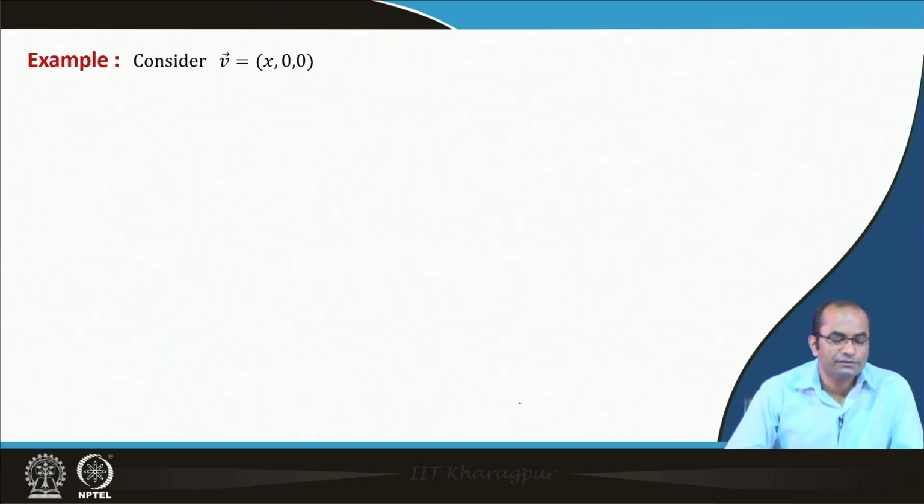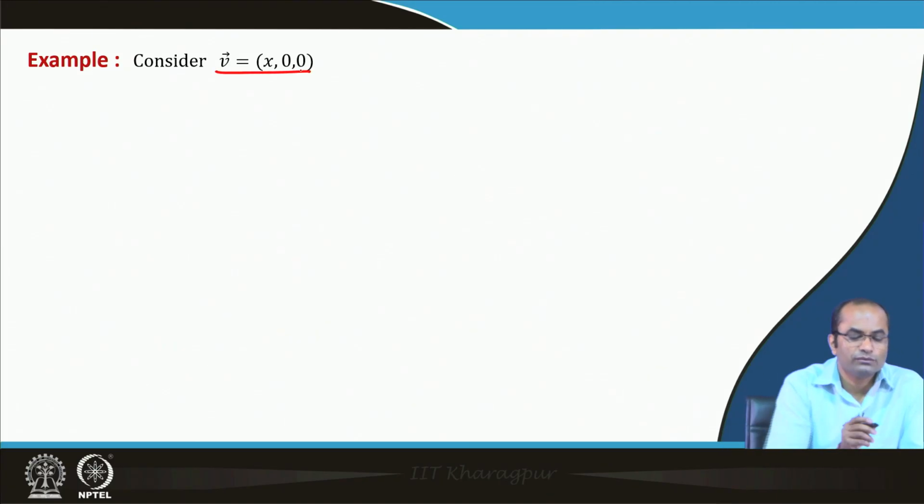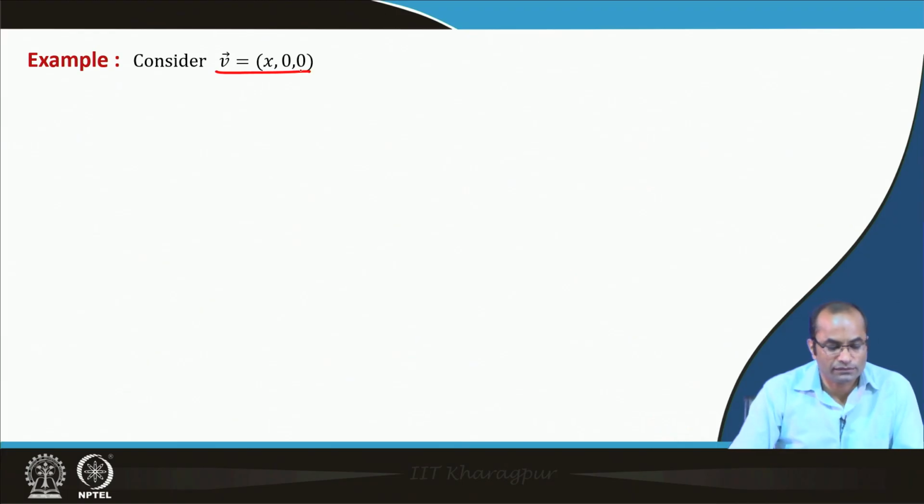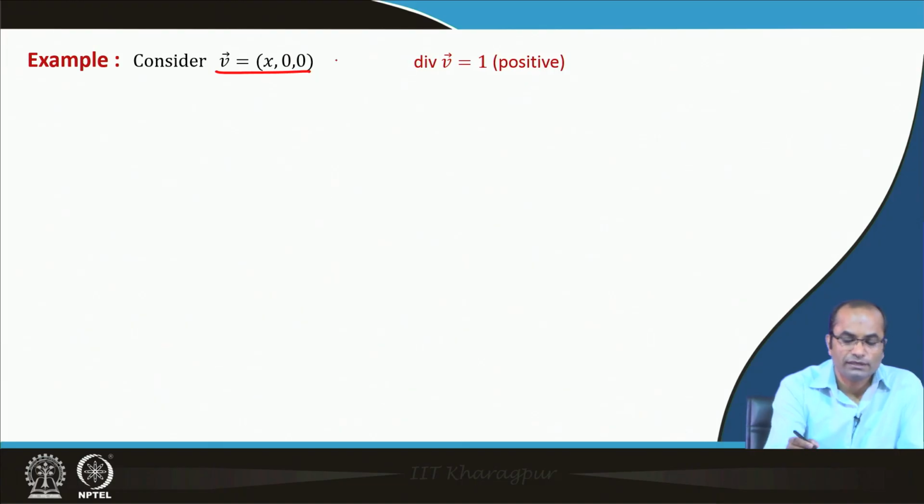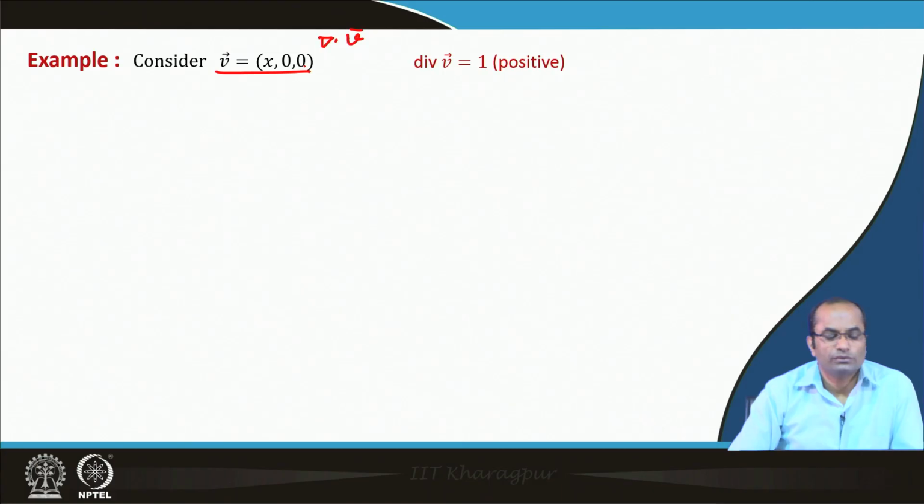For instance, take the vector field v equal to x, 0, 0. If we compute the divergence, as discussed, it is just the product with the del operator of v. Since the two components are 0, we have only the first component, whose partial derivative is 1.